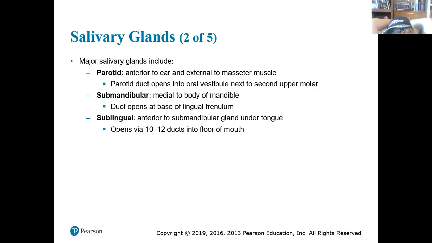The submandibular is below the mandible, below the lower jaw. So that means it's going to be in here, all right? The ducts open at the base of the lingual frenulum. So you have your gland here, and the openings right there on each side of the base of the frenulum. The lingual frenulum.